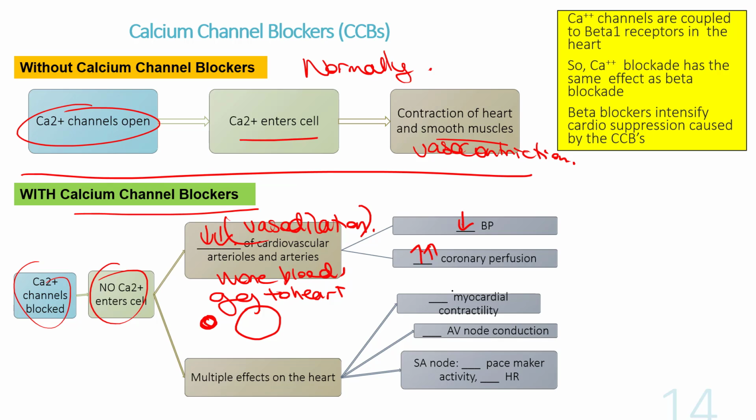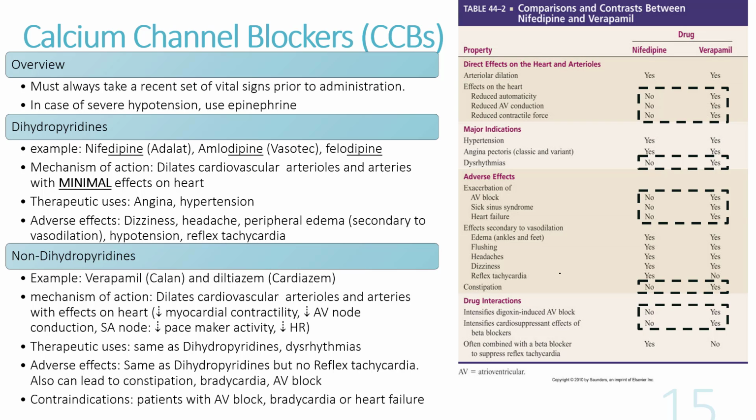Now we're going to look at the effects on the heart, because it leads to an inhibition in myocardial contractility. So it slows down heart rate, it slows down pacemaker activity, it slows down AV node conduction, right? And so you've got an effect there.